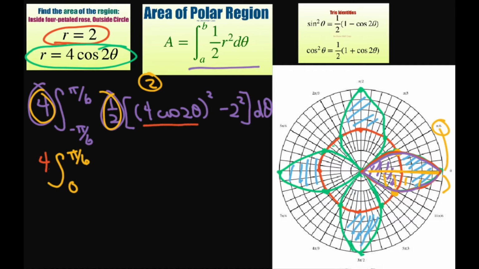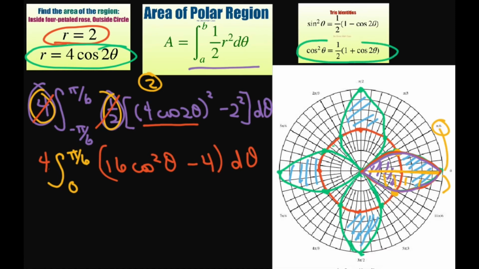This is going to be 16, because this goes away here, 16 cosine squared of theta minus 4 d theta. All right, and the next step is for integration purposes. It's easier to integrate using this trig identity. So I'm going to substitute that in here.